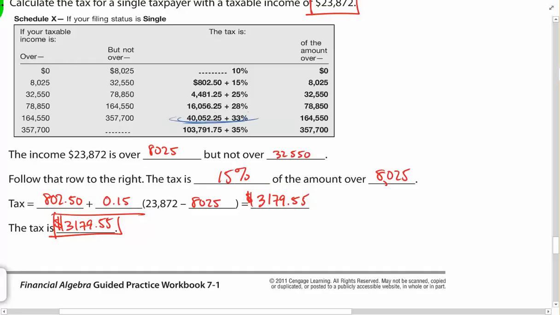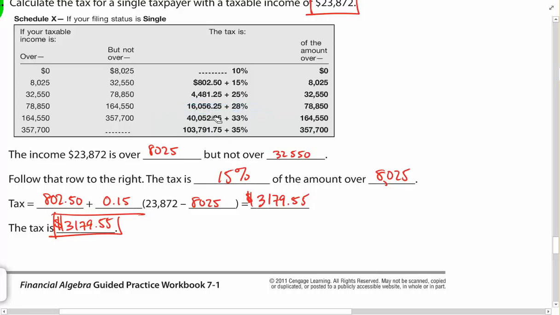I know there might be a tendency to choose this, but this interval states that somebody owes at least $40,052 plus 33% over the amount of income they made above $160,000. But that's not the case here. Anne owes exactly $40,000 in taxes, so we're going to use this interval down here.